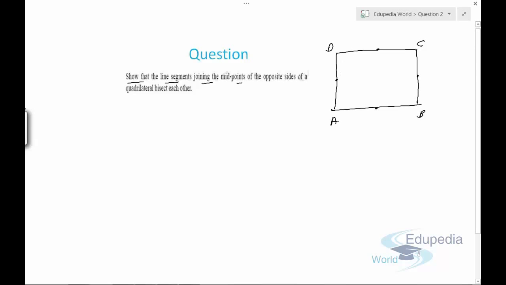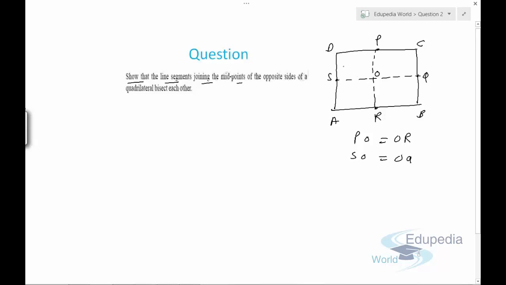Now if we join these segments, we need to prove that they bisect each other. So let's say these are P, Q, R, S, and this is O. We need to prove that PO equals OR and SO equals OQ.